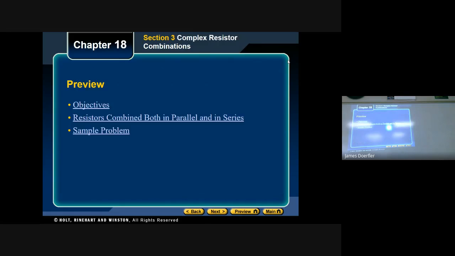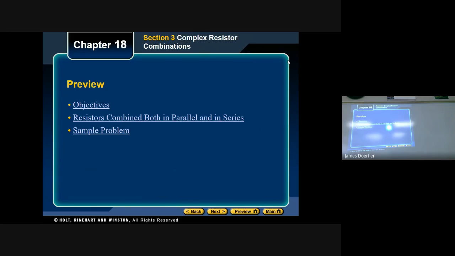Let's talk about what we're doing today and tomorrow. We're doing complex resistor combinations. Today, we are going to be calculating equivalent resistance in a complex circuit. Tomorrow, we are going to be looking at the current in and potential difference across certain resistors. So today we're working forward, and tomorrow we're working backwards.